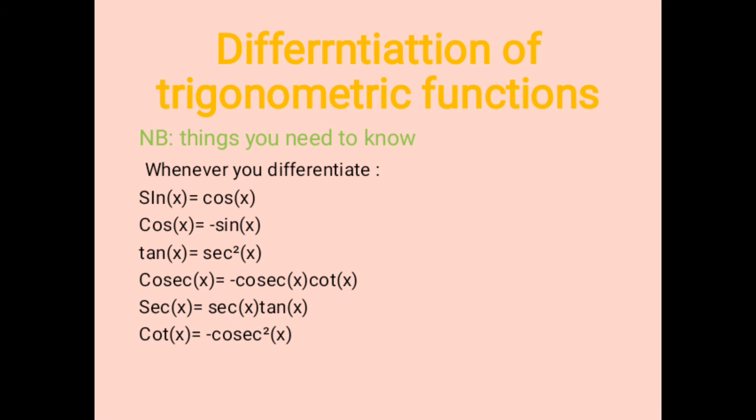Looking at this, you can see that all those starting with a c, when you differentiate them, you have a minus sign. Take a look: cos x has minus sine x, cosec x has minus cosec x cot x, and cot x has minus cosec square x.